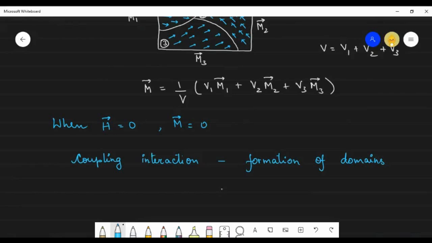So domains are large volumes of space within the material where there is mutual spin alignment.